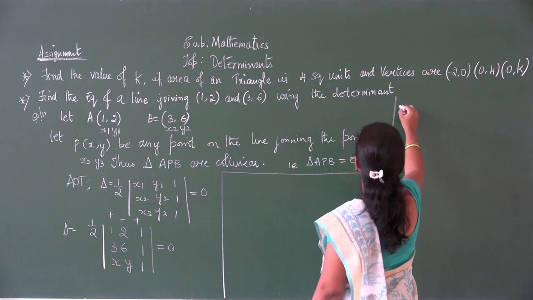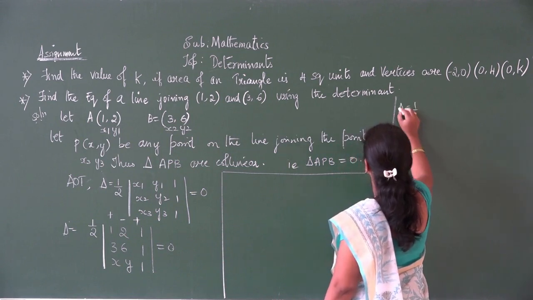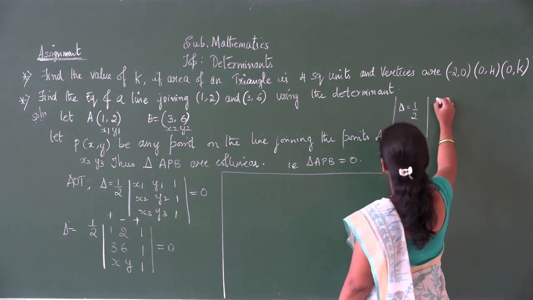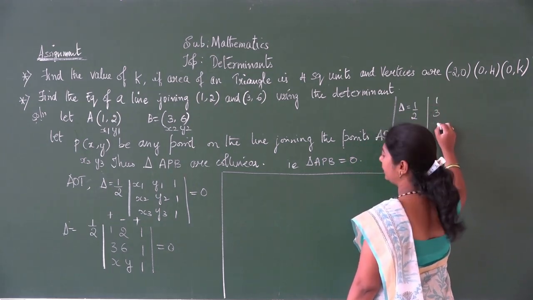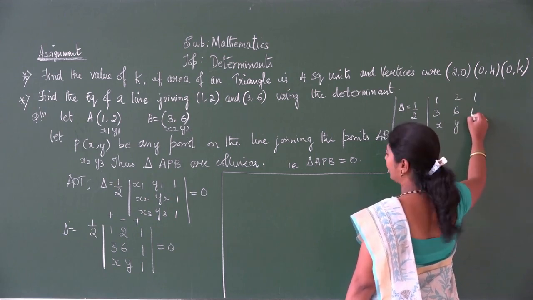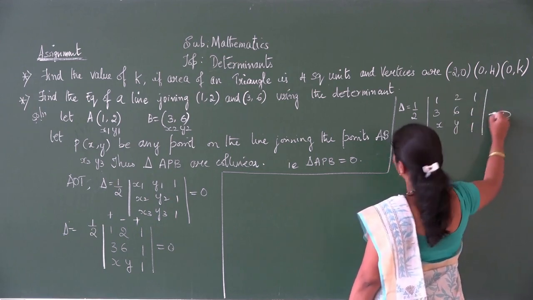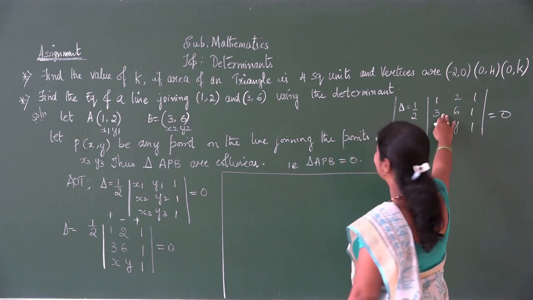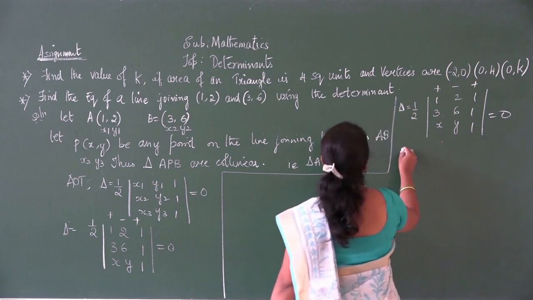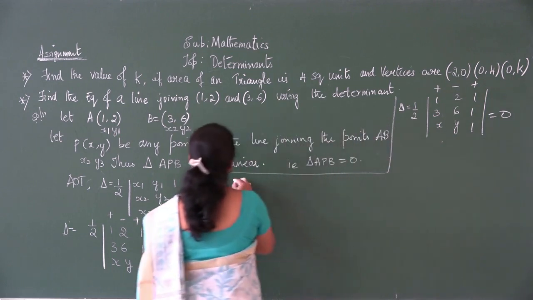We get delta is equal to half into the determinant of 1, 2, 1, 3, 6, 1, x, y, 1, which is equal to 0. Signs associated are plus, minus and plus. So, we shall expand the determinant now. What do we get?